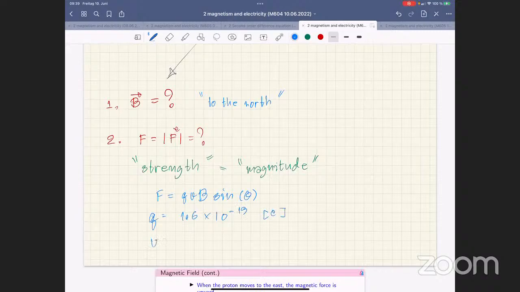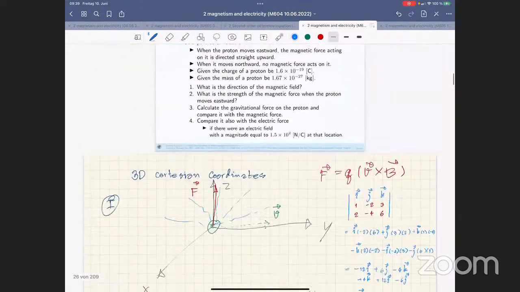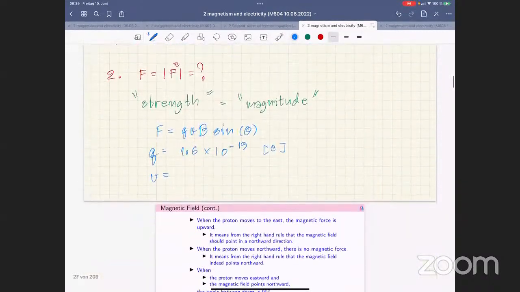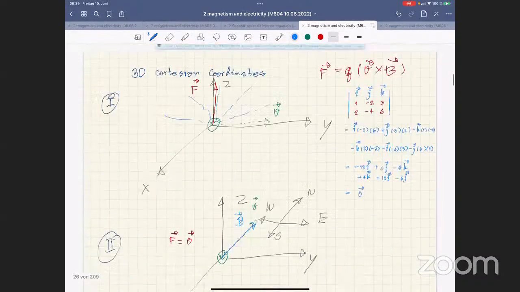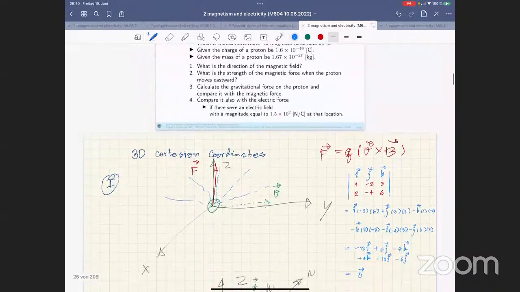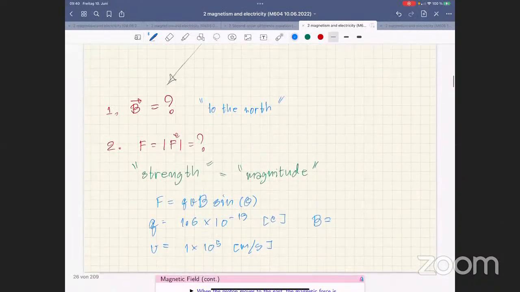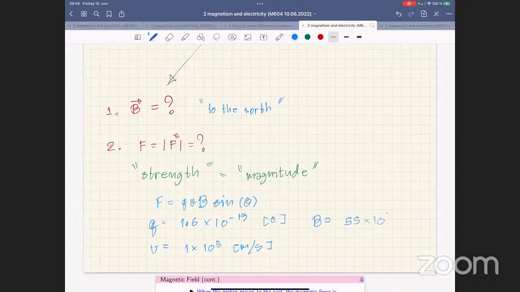And V, the velocity, is 1 times 10 to 5 in this scenario. B, what about B then? B is the magnetic flux density, the strength is 55 microtesla. So it's going to be 55 times 10 to negative 6 Tesla.